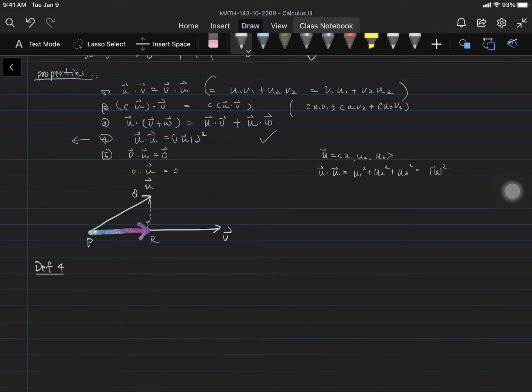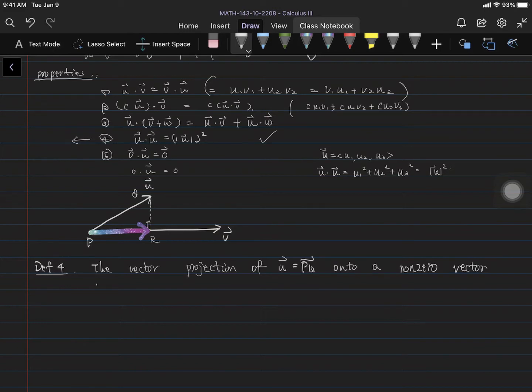Definition 4. The vector projection of the u vector onto a non-zero vector. So why do we always say non-zero? Because non-zero has direction. We need a direction here.